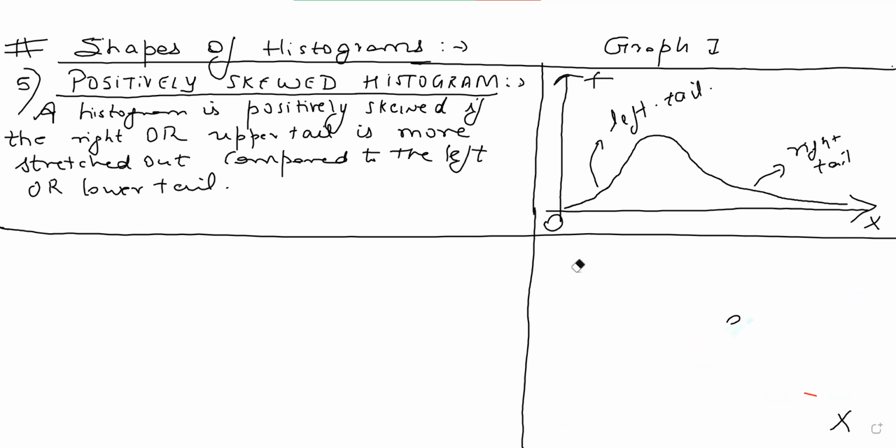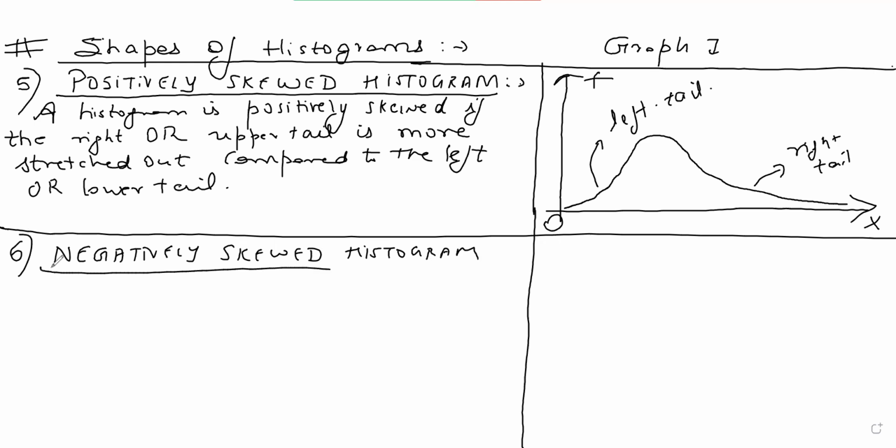So I can erase this and I can write negatively skewed histogram. I can say just the opposite, we all know it.